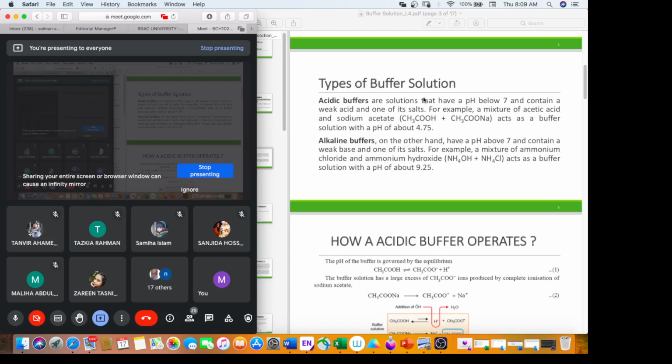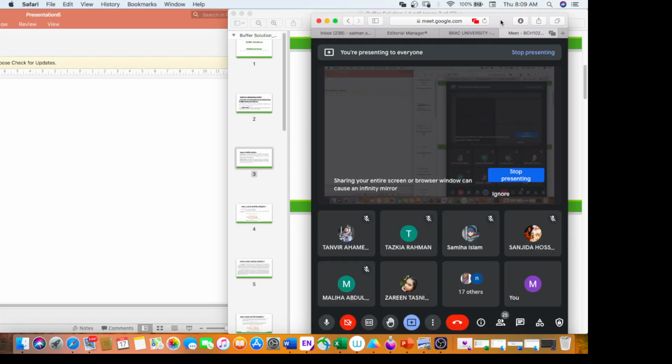Sir, I forgot something. How do we define which acid is stronger and which is weaker? Okay. The acid that is stronger will dissociate to give 100% protons. Look at the whiteboard. Suppose HCl. HCl is a stronger acid, right?